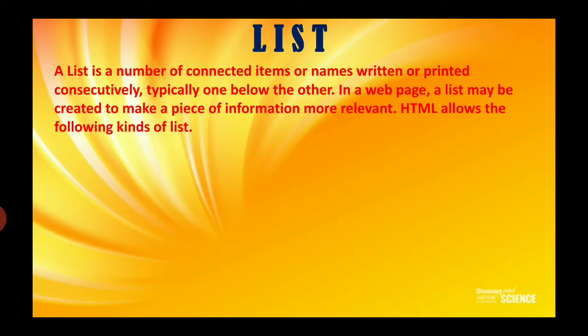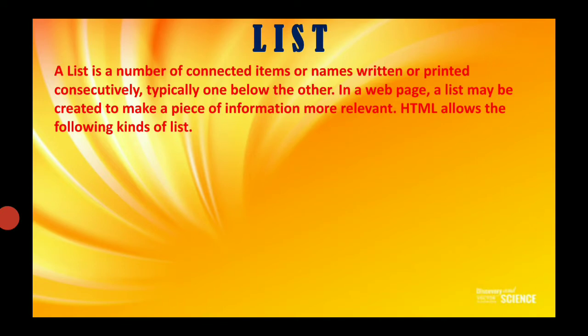All this we use to give more emphasis to those particular points. So all those things can also be created through a list. Okay, so in a web page, a list may be created to make a piece of information more relevant.